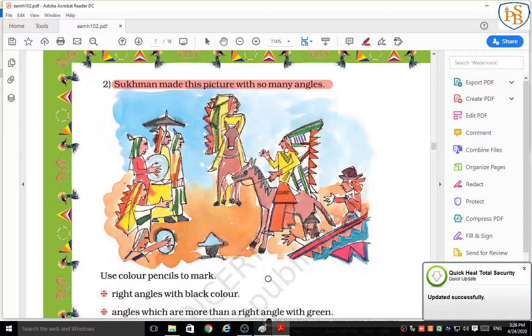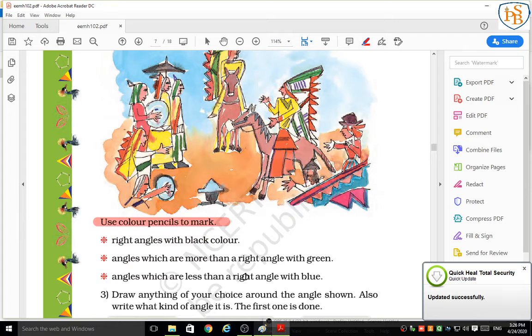Students, here you have one task to do: use a color pencil and mark some angles. First, mark the right angles with black color.